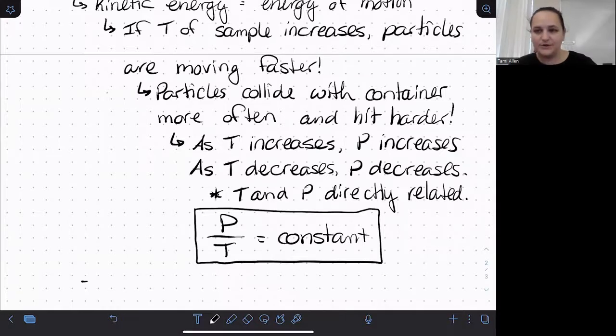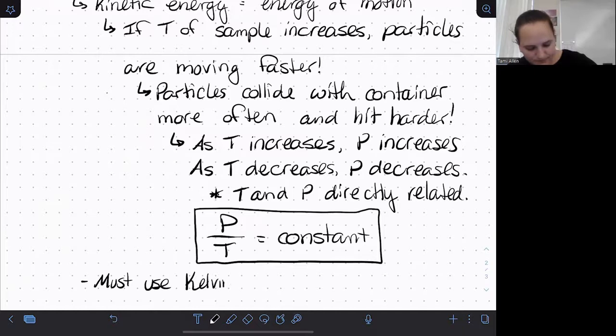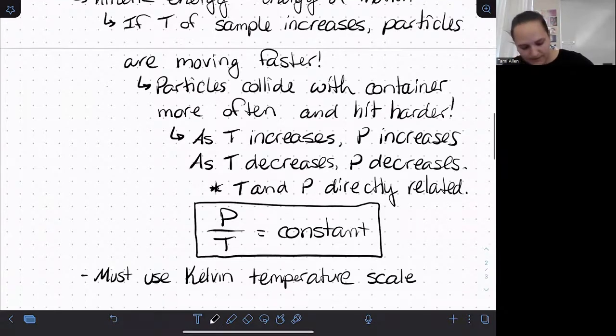You are almost certainly familiar with Fahrenheit because it is what we usually use for weather and such here in the US, as well as Celsius because that's what we use most of the time in science. But when we're dealing with gases and certain other types of calculations in chemistry, we need to use the Kelvin temperature scale in order for our calculations to turn out correctly.